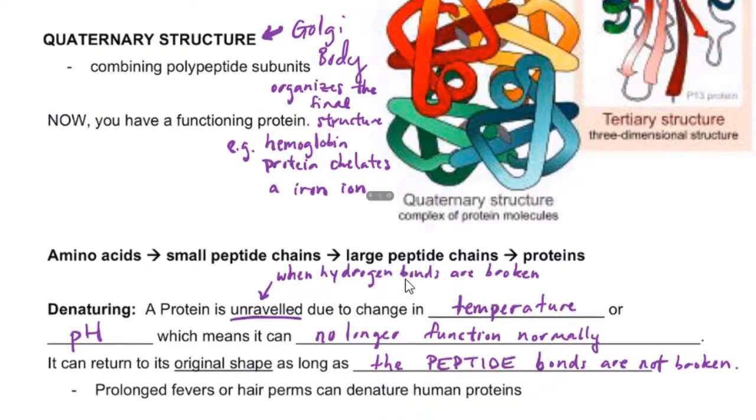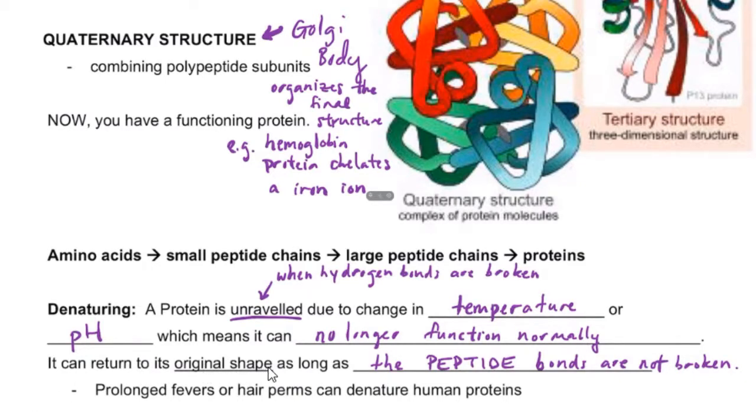Now, specifically when the hydrogen bonds are broken, it could also be the sulfhydryl bonds as well, because the sulfurs across from each other can cause sulfide linkages. But when the hydrogen bonds that are loosely attracting and holding them together are broken because of a change in temperature or pH, it can no longer function normally, but it can return to its original shape.